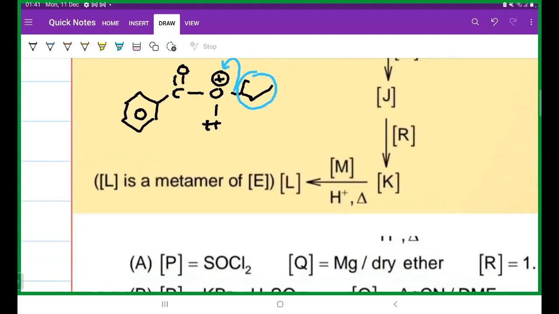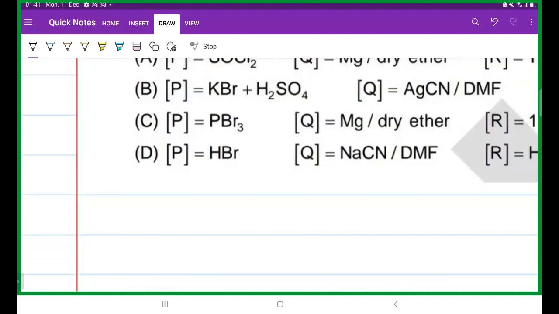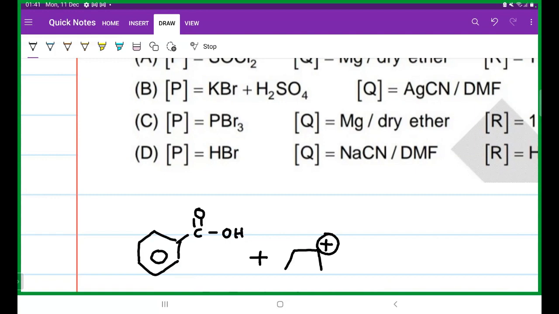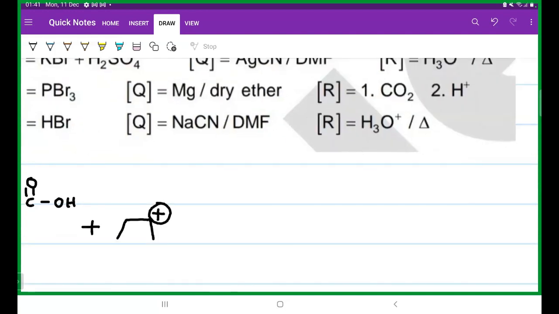So what will happen in the very first step is this, and this is benzoic acid, this. Fair enough.